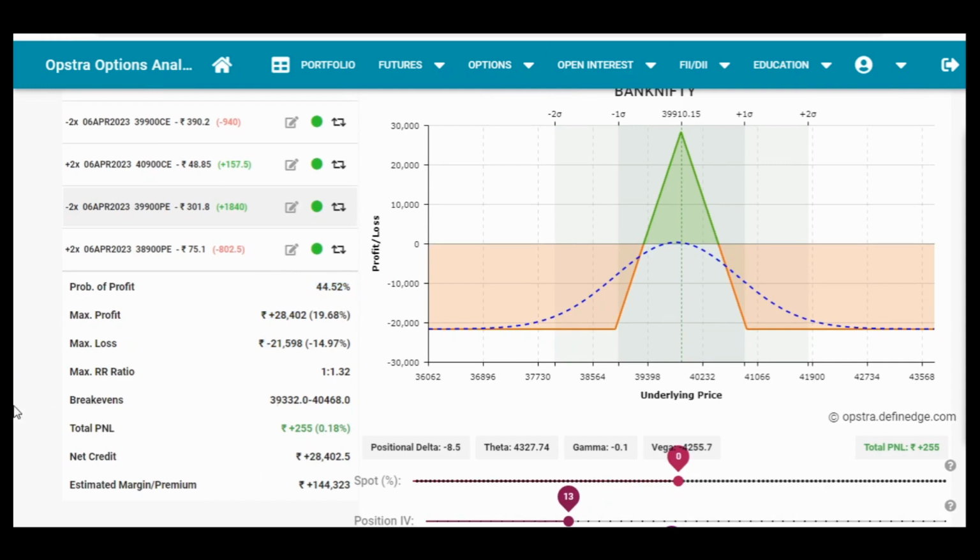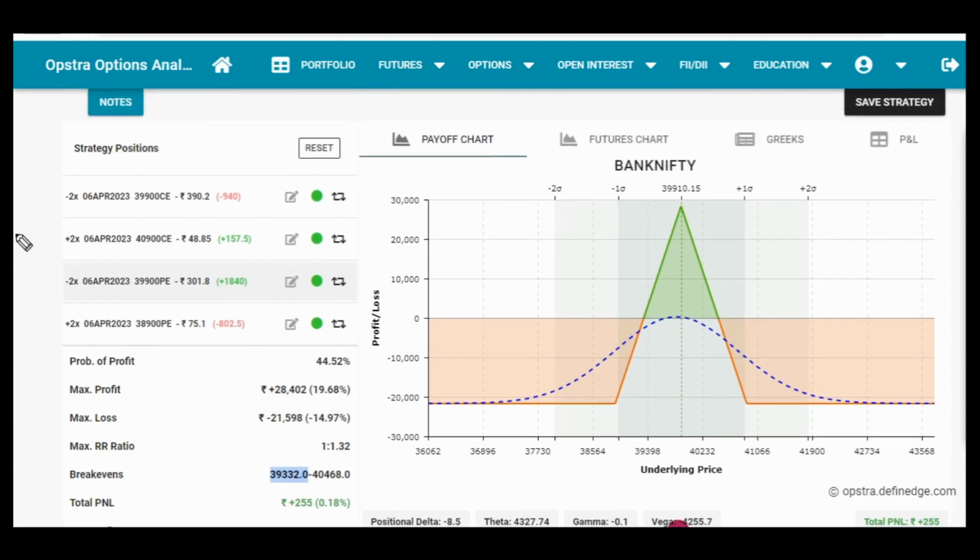Now see here, as soon as the market opens tomorrow, we will close both these hedges, but before that we will buy both these hedges at the break-even strikes.